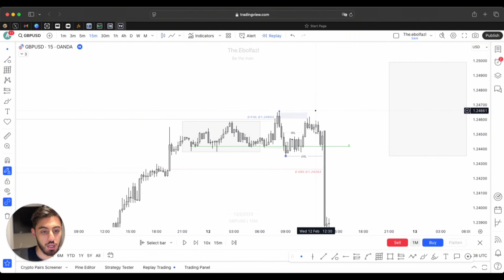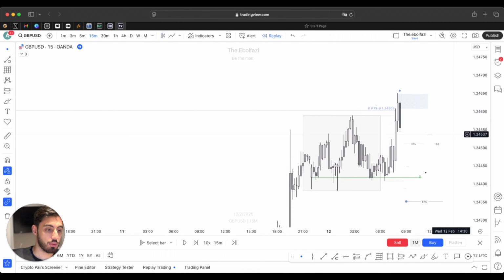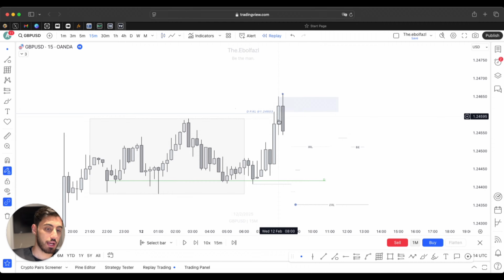So if you take a look here, once price taps a daily key level, in this case we are on the bearish key level, so we are expecting a bearish reaction. If you're on the bullish key level, you're going to expect a bullish reaction or bullish POI. Doesn't matter, right? So here we get the bearish reaction, right?